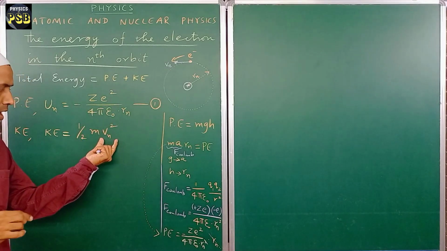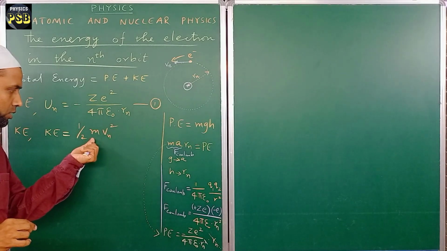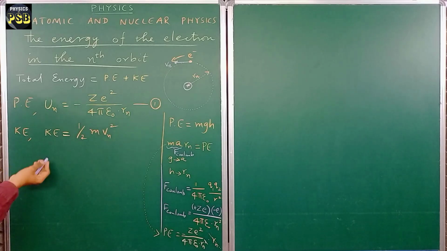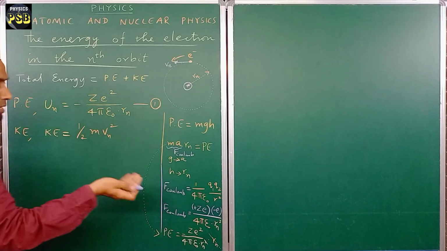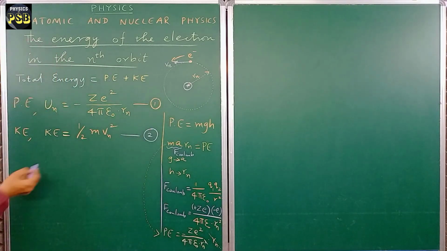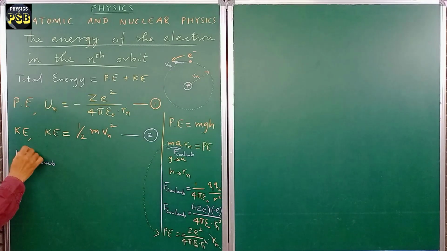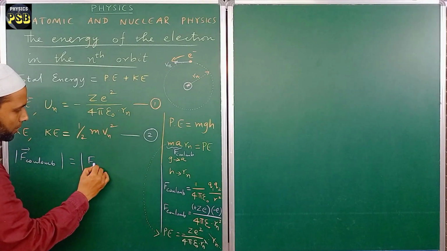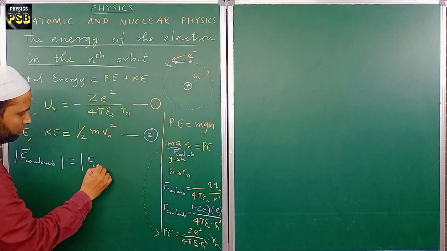Now here I am going to substitute the value of this term. For that I am going to follow the method that I have followed earlier in the previous topic. I take this as equation number 2. Now we know the modulus of Coulomb's force is found to be equal to the modulus of centripetal force.